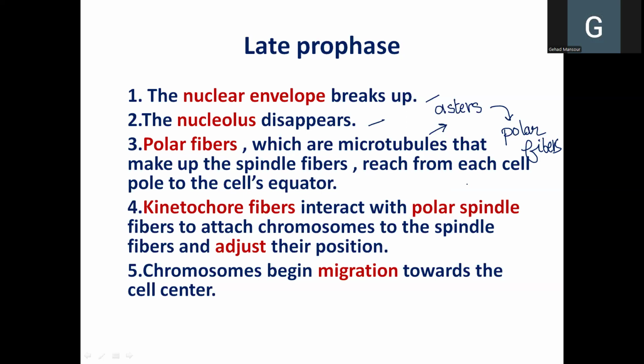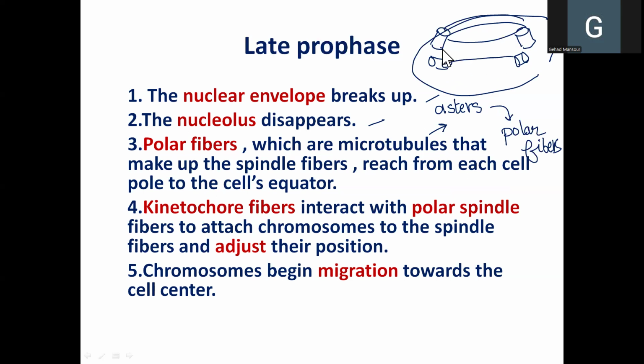And these polar fibers will reach from each cell pole to the equator, meaning that if I have one centrosome here and another centrosome there, at the two opposite poles of the cell, which becomes a bit more or less oval or elongated, these polar fibers are microtubules that extend from the centrioles, and they lengthen until they reach the cell equator.